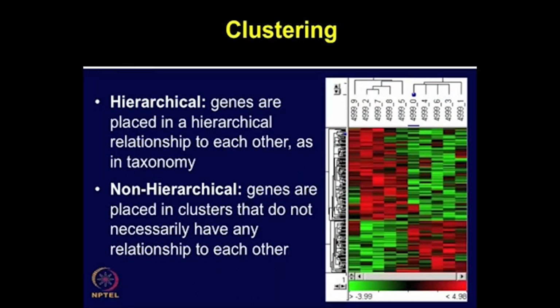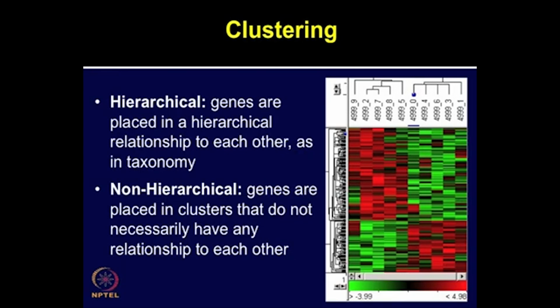Clustering. After analyzing the microarray data set, you would like to cluster data to find out the patterns in which cohorts are segregating. You would like to know whether your controls and treatments fall into different clusters. There are different types of clustering, broadly hierarchical and non-hierarchical clustering.